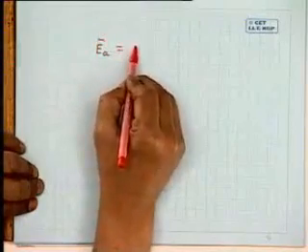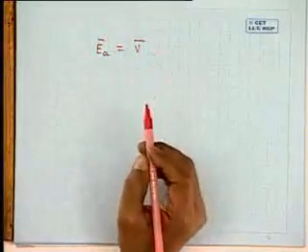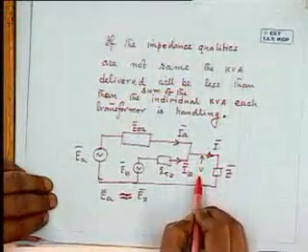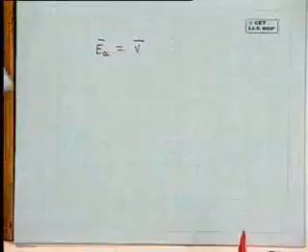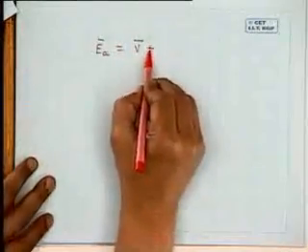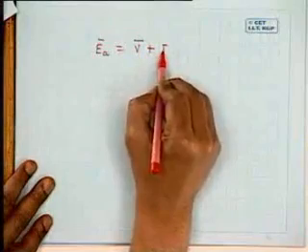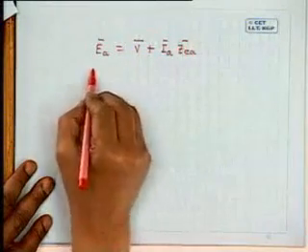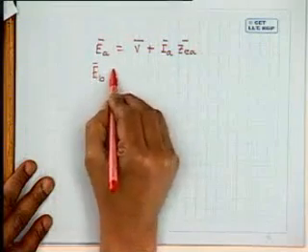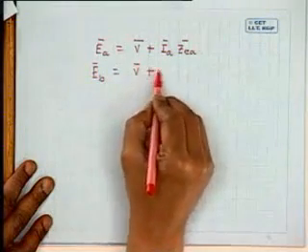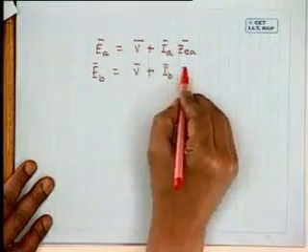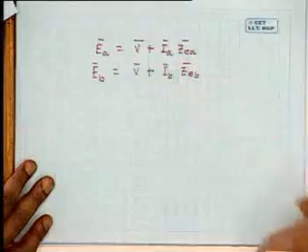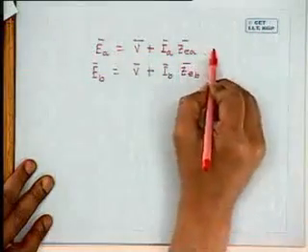Then apply simple equations and you get EA bar as V bar, where V bar is the voltage across the load, V bar plus IA bar jXdA bar, and EB bar is V bar plus IB bar jXdB bar.